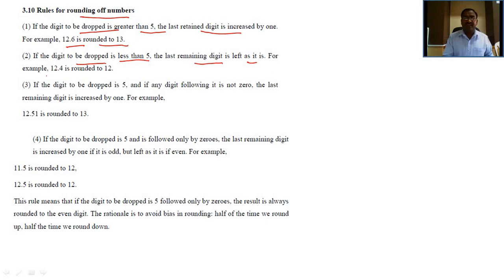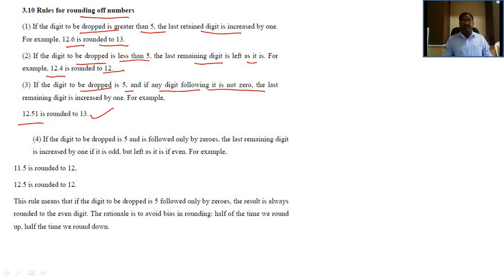For example, 12.4 is rounded to 12. If the digit to be dropped is 5, and any digit following it is not zero, the last remaining digit is increased by 1. For example, 12.51 is rounded to 13.